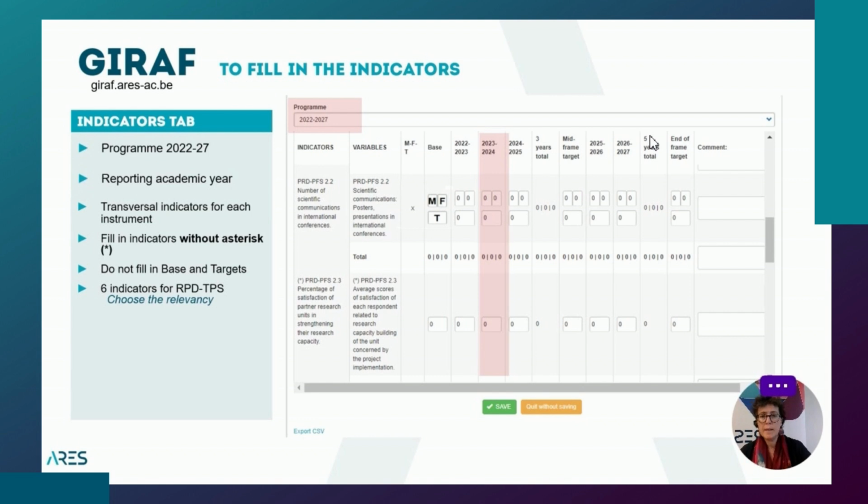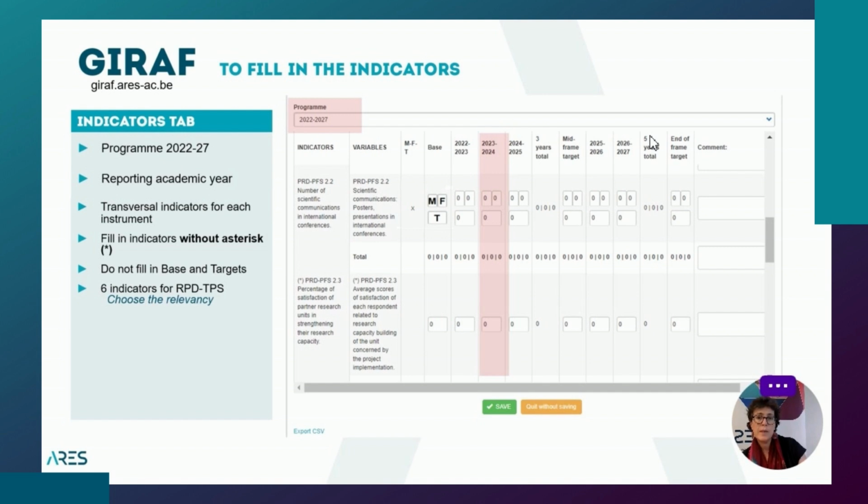For RPD TPS projects, you have 6 indicators. You can sometimes choose the indicators by their relevancy to your project. Example, if you have a research project, but nothing such as a training project, you don't fill in the indicators related to trainings.